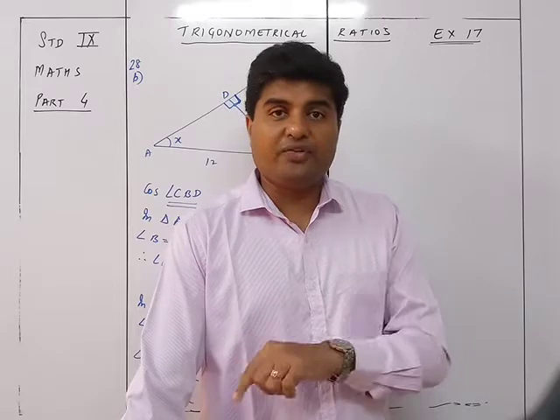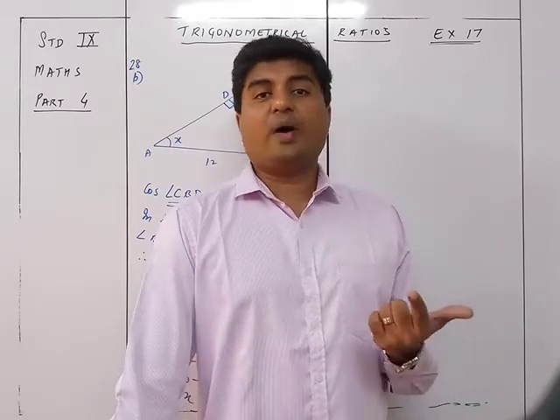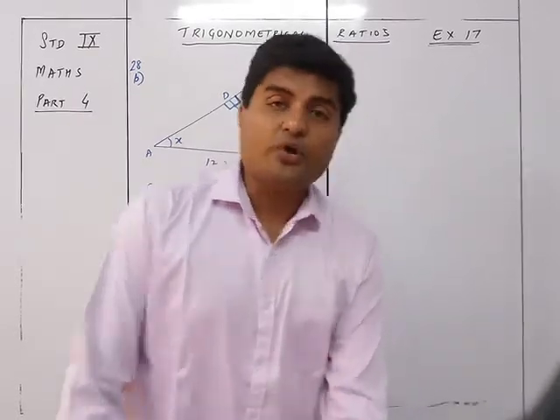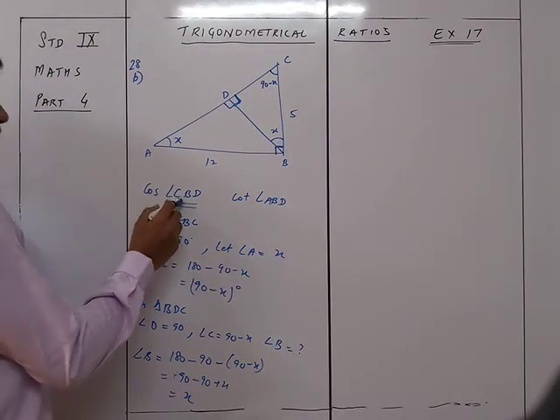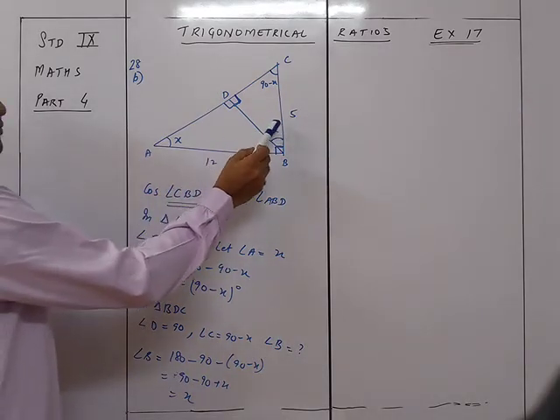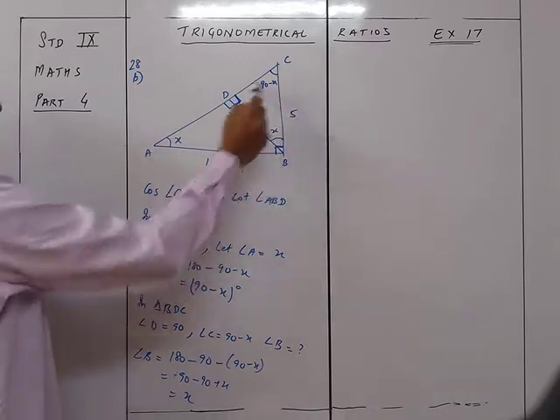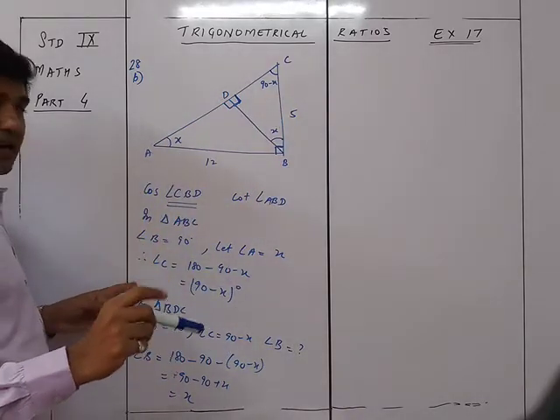Whether it is 15/25 or 3/5, the ratio is the same. That's why, if I want to find cos angle CBD, I just need to find cos x. Whether I find it from this triangle or this triangle, the value is going to remain the same. That's the tricky part of the sum.